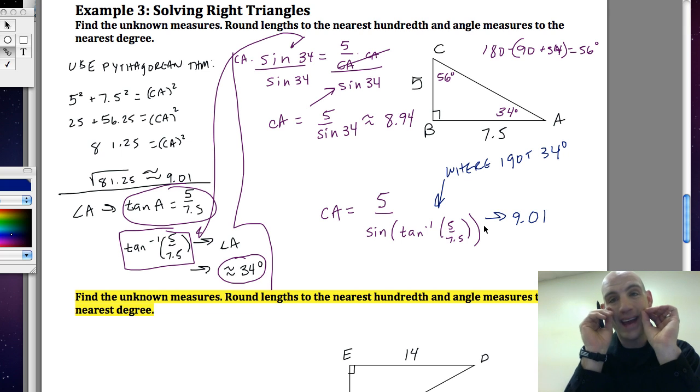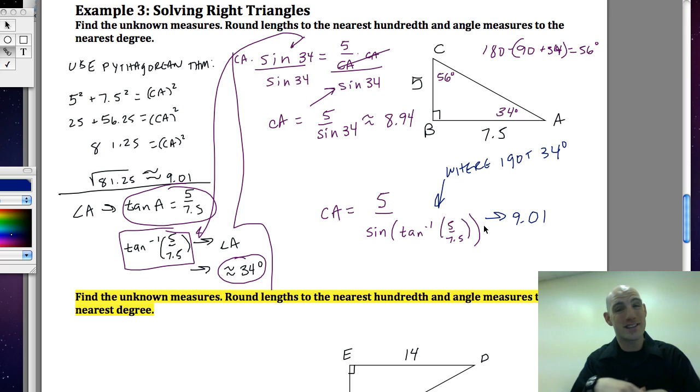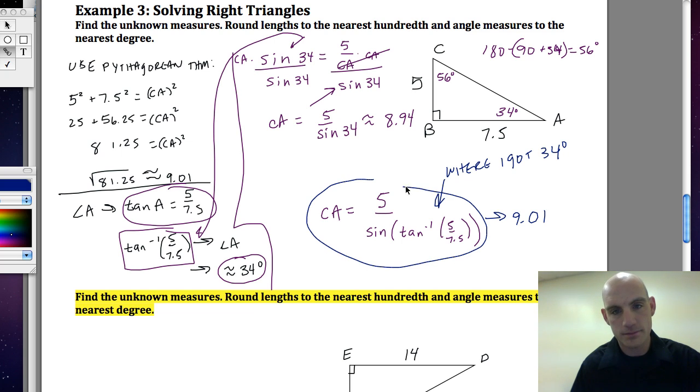That is based on the actual measurements for that angle, not necessarily this thing that I've rounded. So what would I do in this case? Ideally, you do this. But this works also.